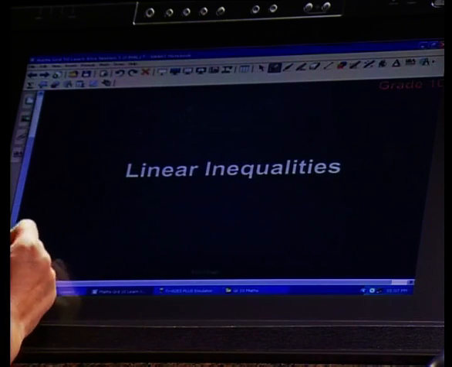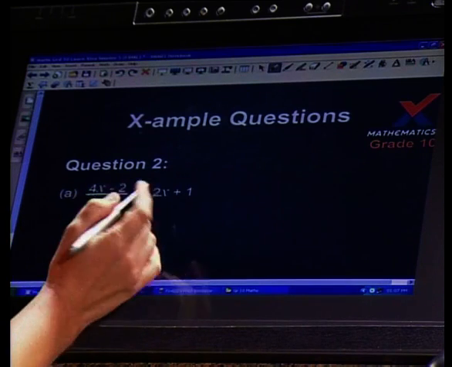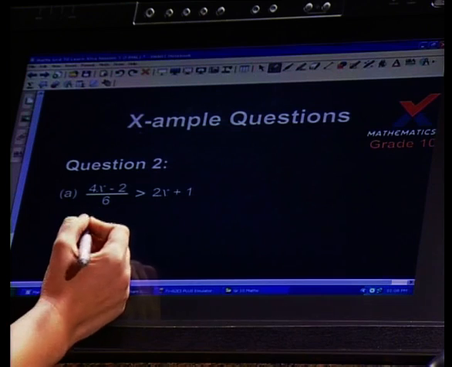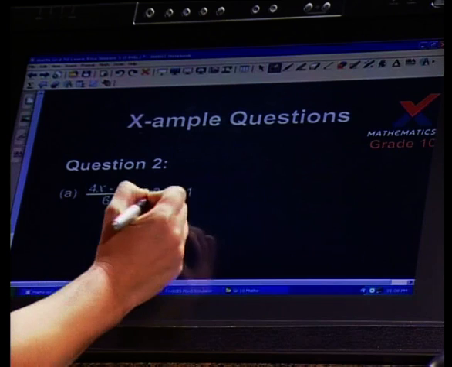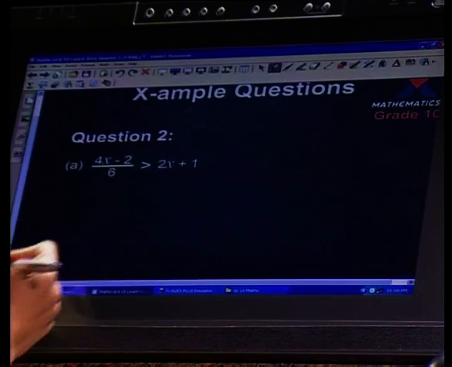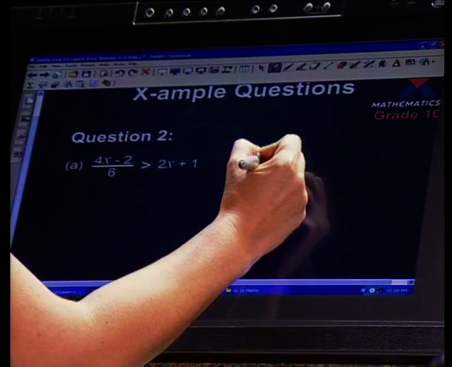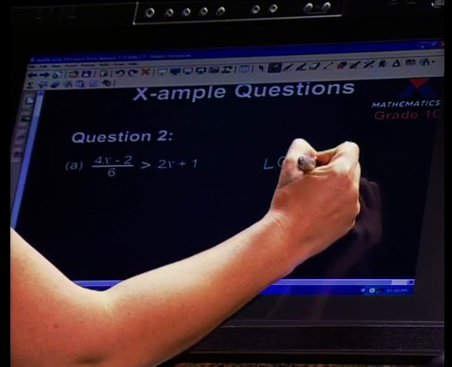Okay, linear inequalities. The first one has a fraction in, and remember I've said that inequalities are very similar to equations. So if there is a fraction, then we might as well find a lowest common denominator and put everything over the same fraction, which is going to be 6. And then we're able to get rid of the 6.